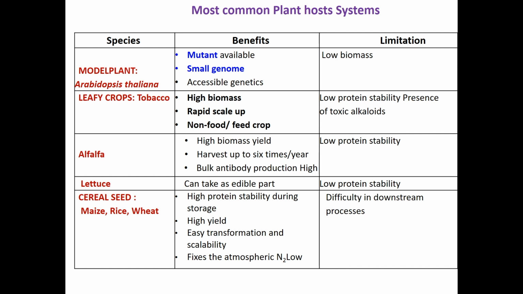The advantages are high protein stability during storage, high yield, we can get huge yields, easy transformation and scalability. Genetic transformation protocols are already established in maize, rice and wheat. Also, some of the crops fix atmospheric nitrogen, which supplies nitrogen to the plant, and that leads to good protein production.